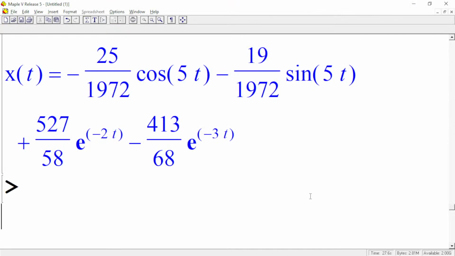So you get 25 over 1972 times cosine of 5t minus 19 over 1972 sine of 5t plus, yeah, it's just not worth it. Hold on a minute. Oh, here's what I did.